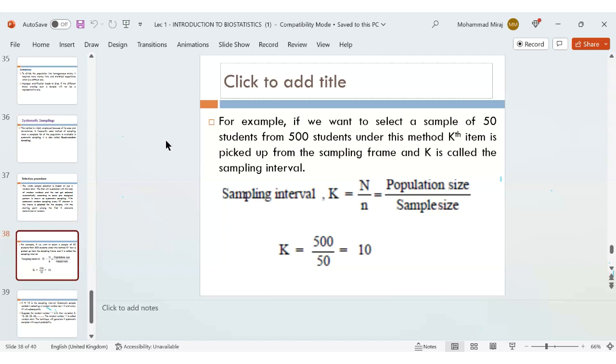So every 10th person. We take, for example, 5 to 15, 15 to 25, and so on. Like this we can do an interval of 10. This is how we calculate the sampling interval.